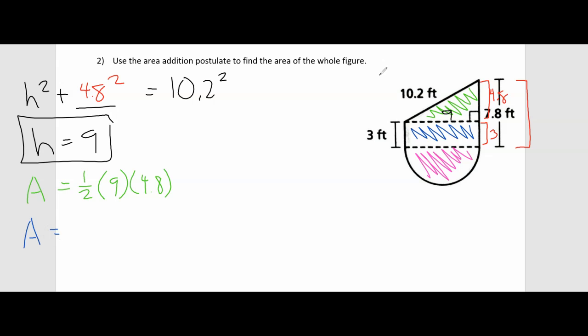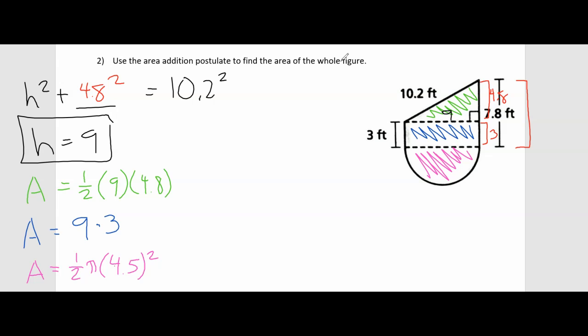Area of the rectangle is just 9 times 3. Area of the semicircle, or the half circle, is going to be equal to 1/2 pi r squared. So 1/2 pi. My radius is half of 9, so 4.5 squared. Again, area of a full circle is pi r squared, area of a semicircle or half circle, 1/2 pi r squared.